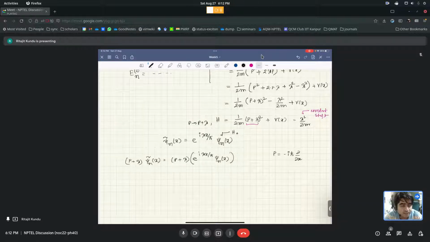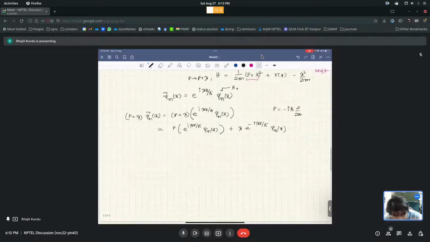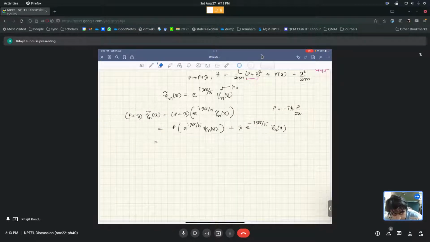In 1D this is just a partial derivative, so I can act this on this whole part, and then the constant term just gets multiplied with this modified wave function.